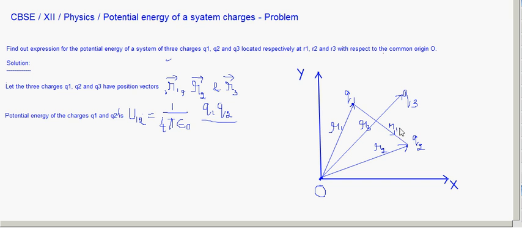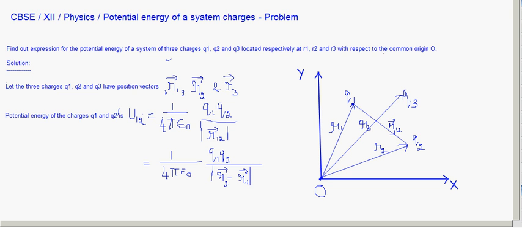So here it is Q1 Q2 divided by the magnitude of R12. This can be written as 1 by 4 pi epsilon naught into Q1 Q2 divided by the magnitude of R2 minus R1 vector. So we are taking only the magnitude of R2 minus R1.